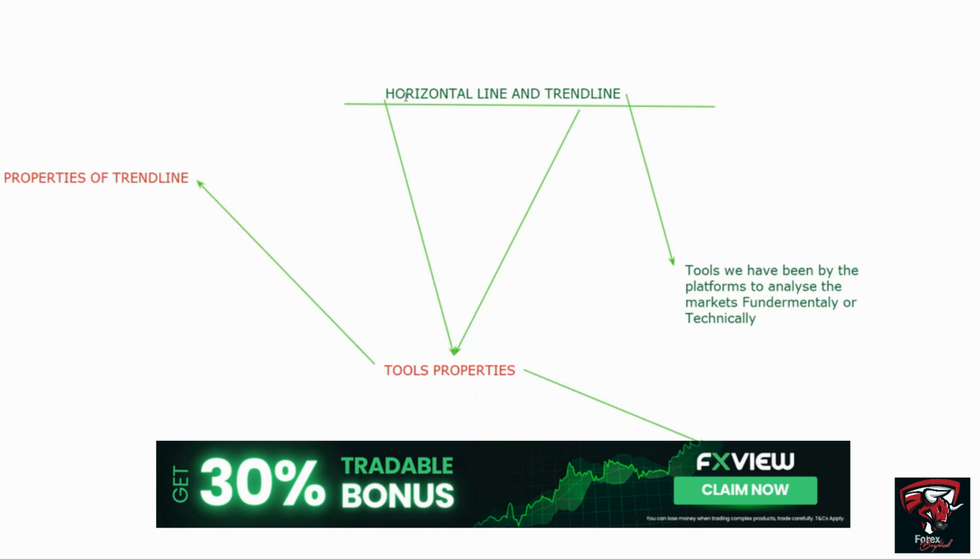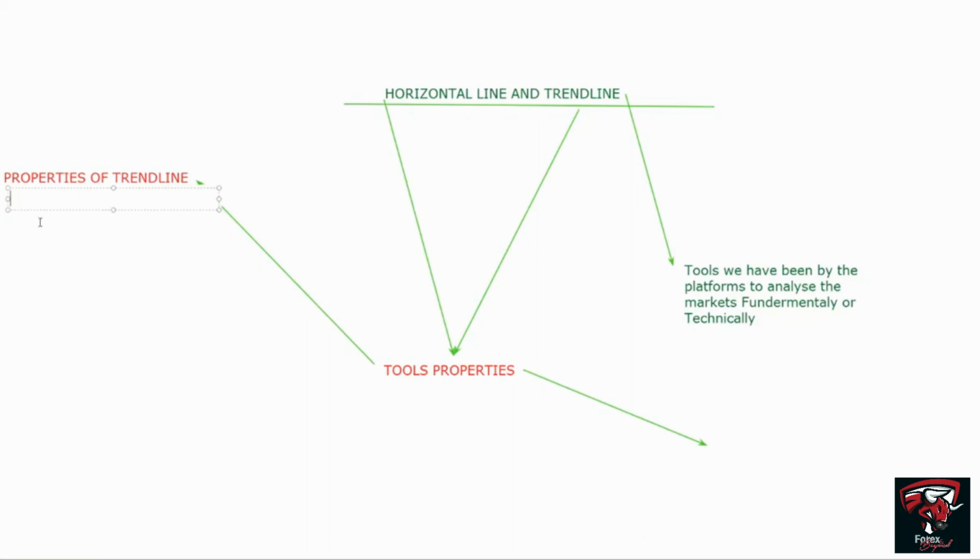That's the first question you should ask yourself. A trend line needs to have, okay, the first thing that you need to know is that it needs to be diagonal.